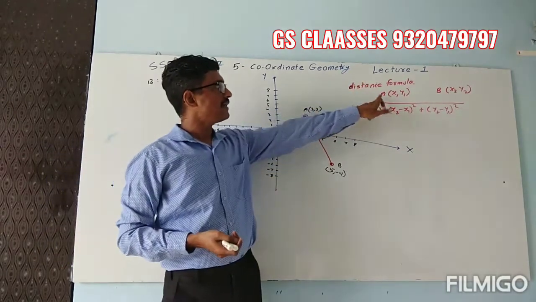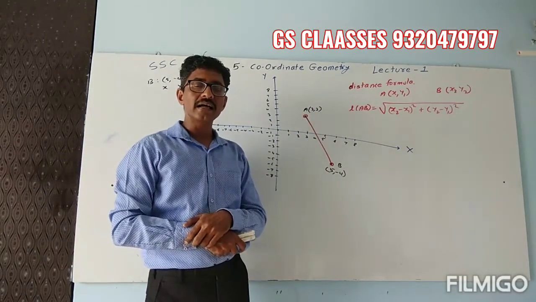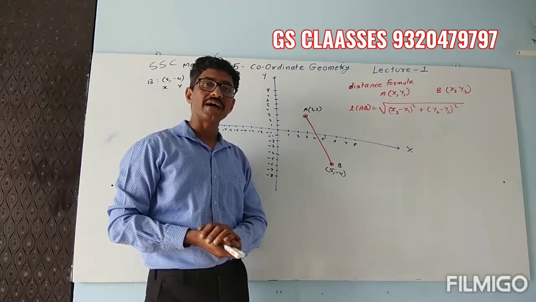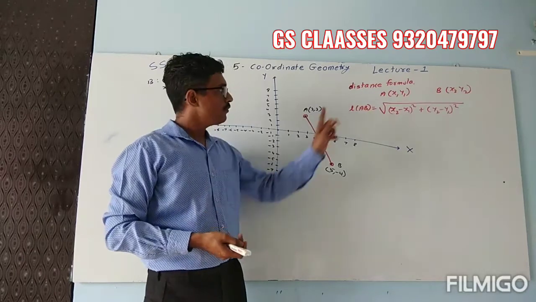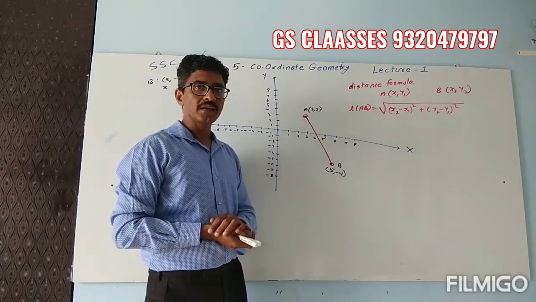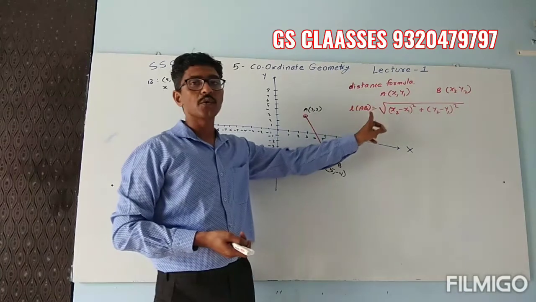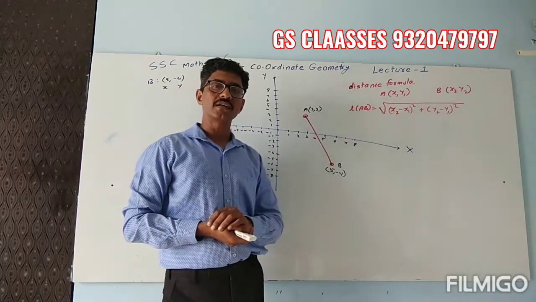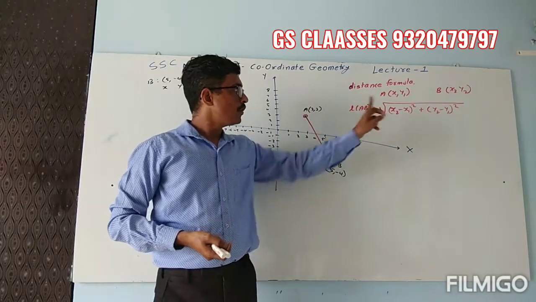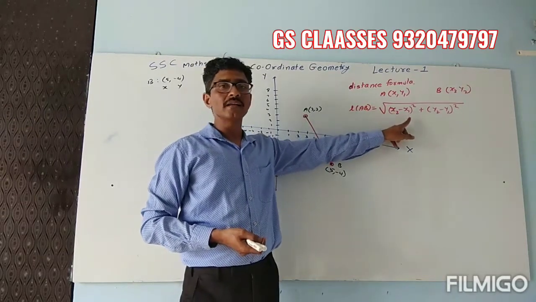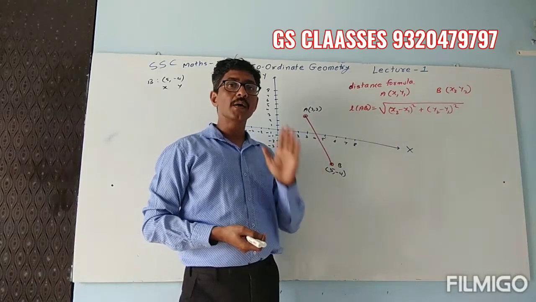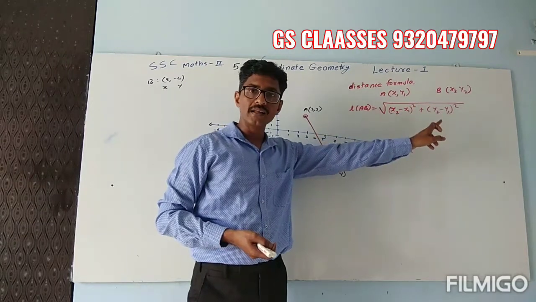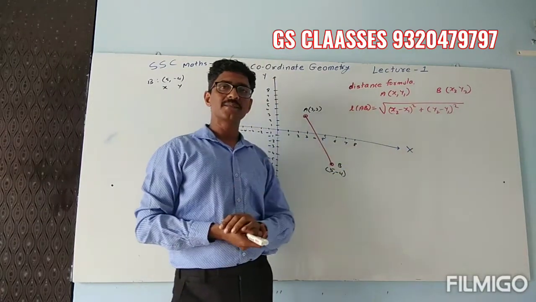If the point A is (x1, y1) and point B is (x2, y2), then the formula tells you length AB is the square root of (x2 minus x1) the whole square plus (y2 minus y1) the whole square.